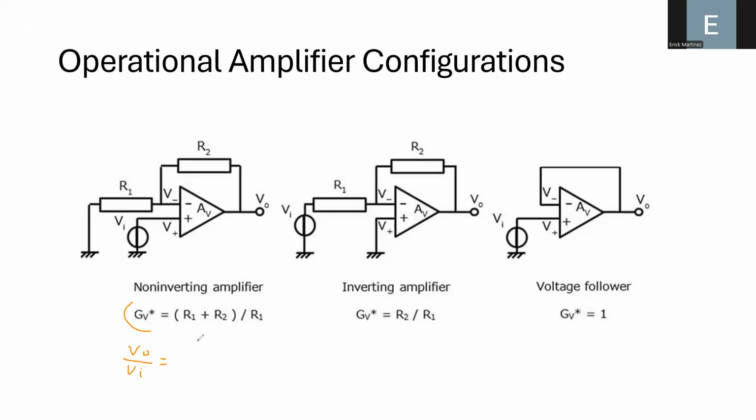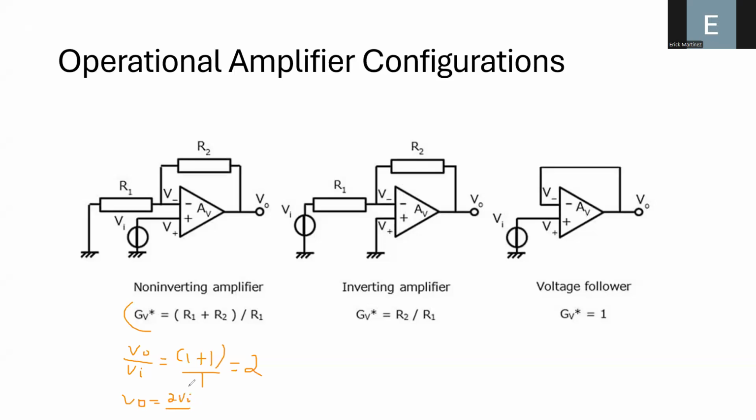In fact, this will be the transfer function of the operational amplifier. But let's say that if you place a value for R1 equal to 1 and a value of R2 equal to 1, and you divide R2 by R1, you will obtain a value of 2. Okay? So this means that the output voltage is equal to 2 times the input voltage.